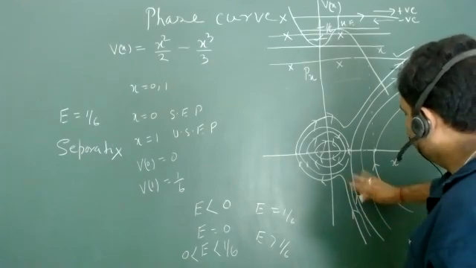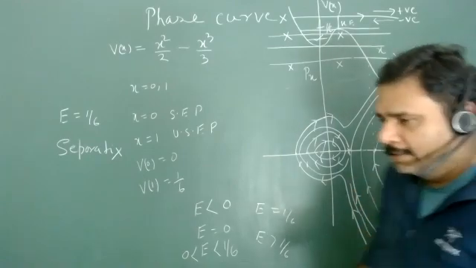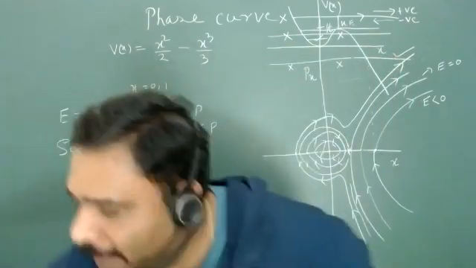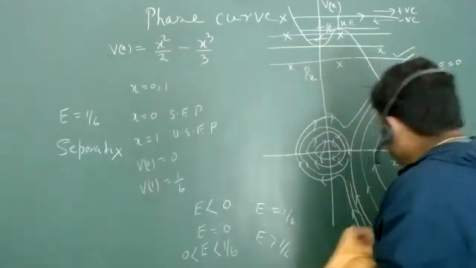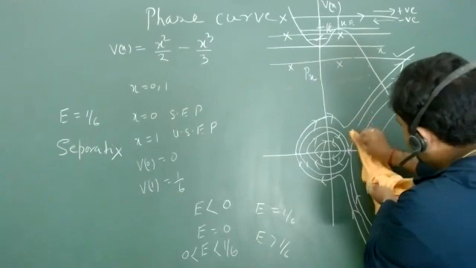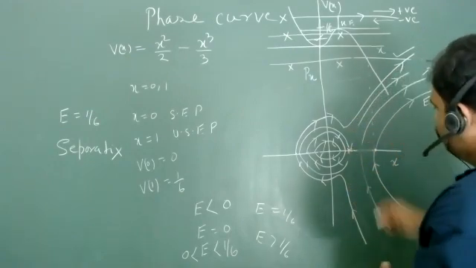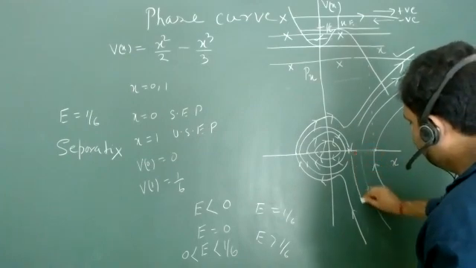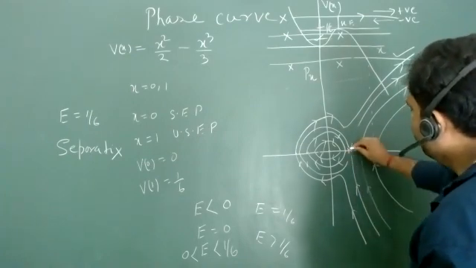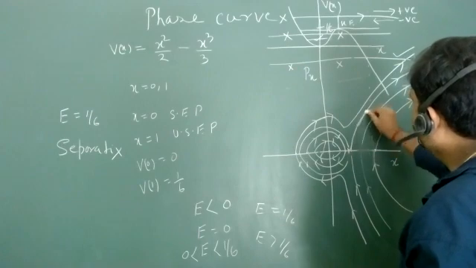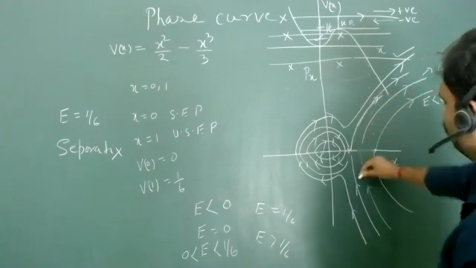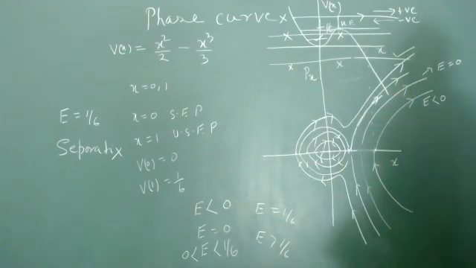I am just removing one for the separatrix. So you can approach here, and you can just go from this. You can plot E equal to 0 in between.